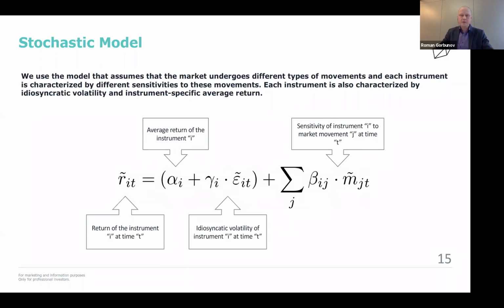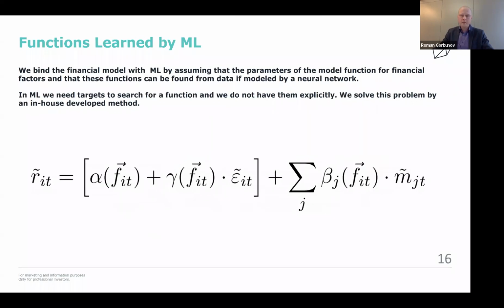And on the next slide, I would like to show how we can combine this stochastic model with machine learning. So basically, one option would be to assign alpha, beta, and gamma to every stock. And then we have a complete description of the sector. However, instead of that, we assume that alpha for every stock can be calculated based on the factors associated with that stock.